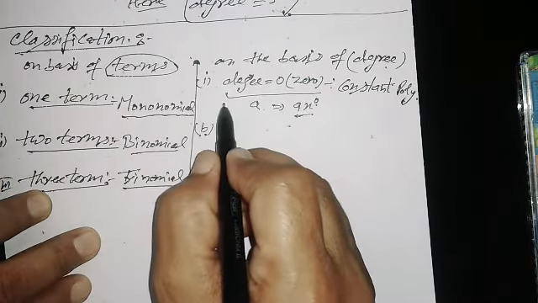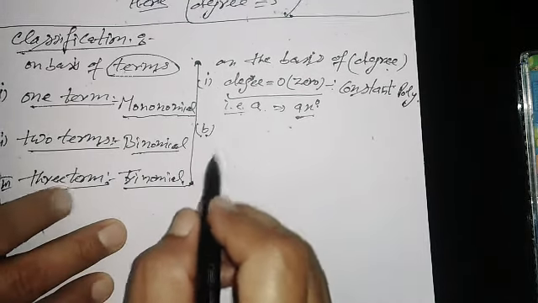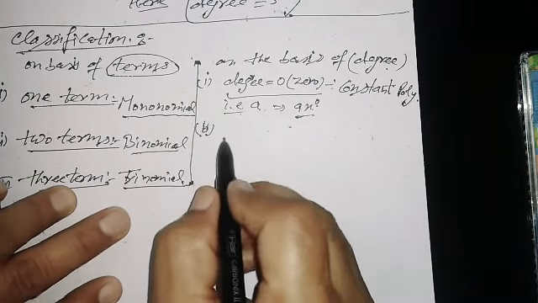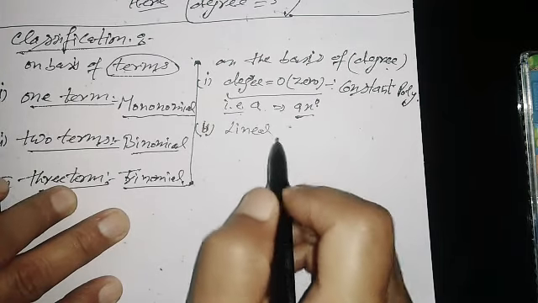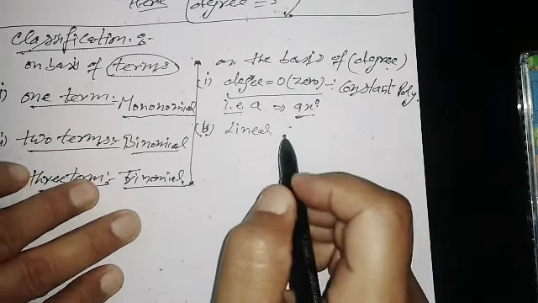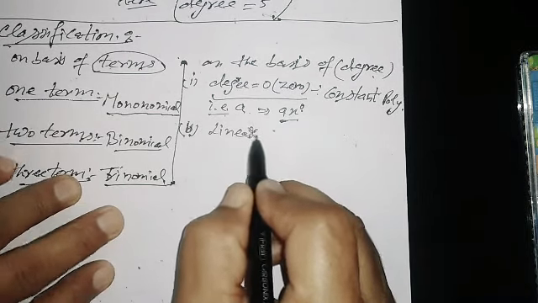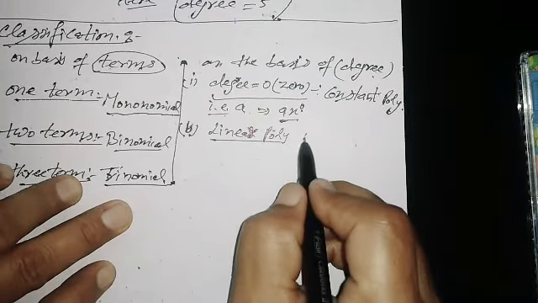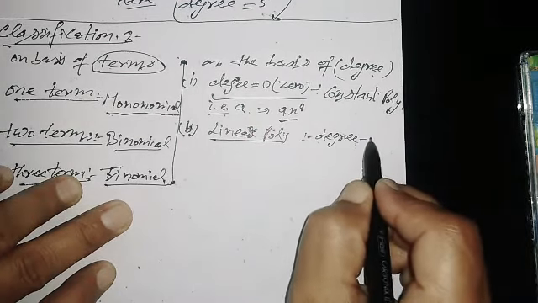B means second, linear polynomial. What is called linear polynomial? If it has degree 1.